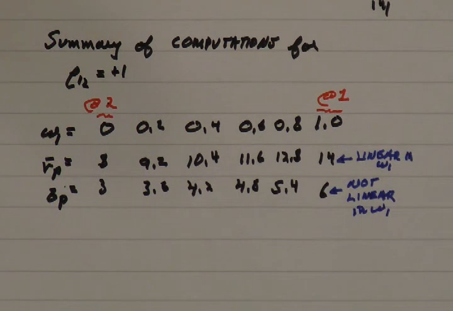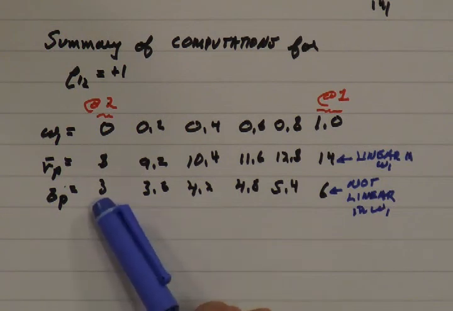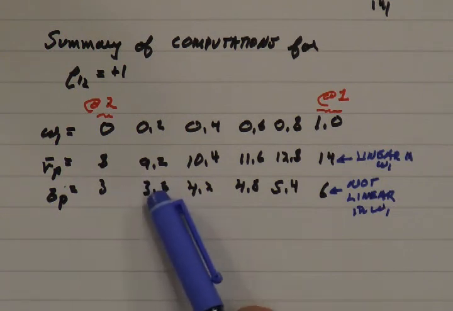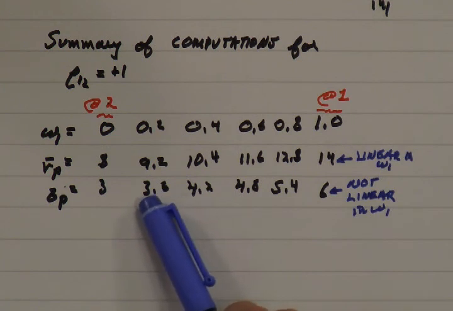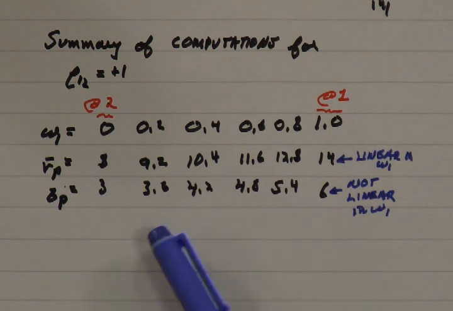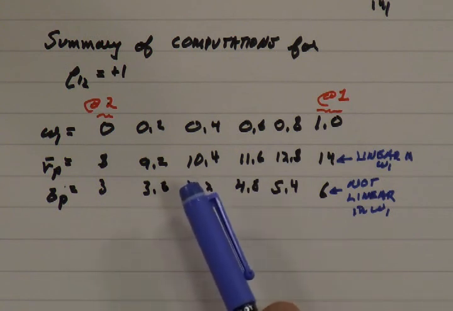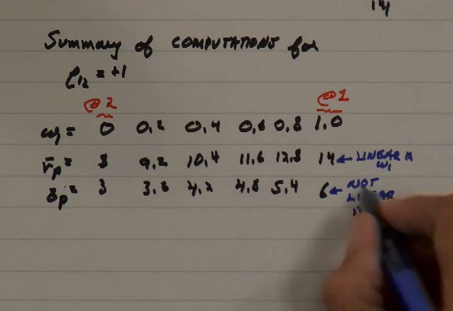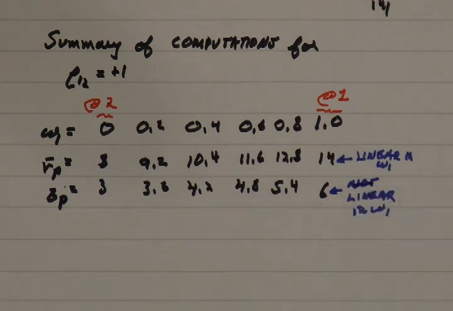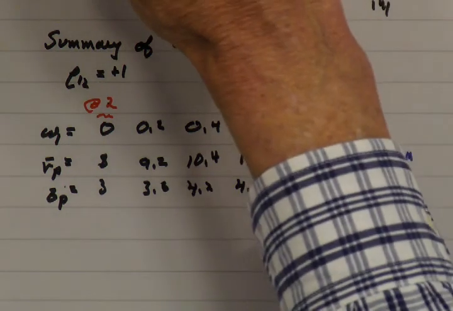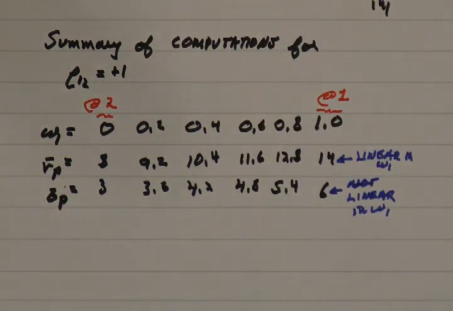Because as we go from 0 to 0.2, we go up 0.6 here. That is linear in W1. This is also linear in W1, 0.6, 0.6, 0.6, 0.6. Well, both the expected rate of return and the standard deviation of the portfolio are linear.